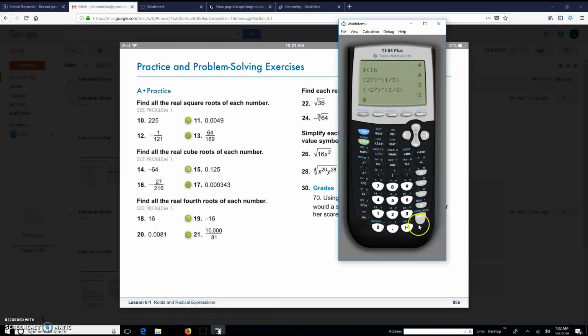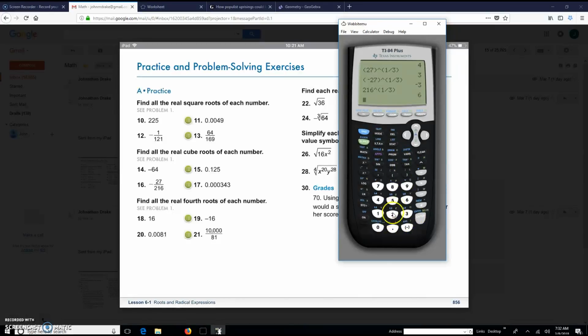So we got negative 3 over, take the cube root of 216. So you got negative 3 over 6. And then that simplifies to negative 1 over 2.